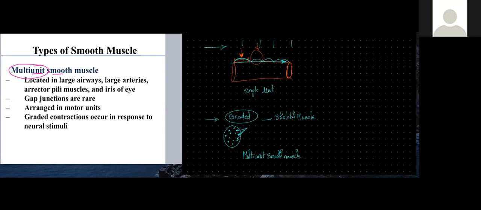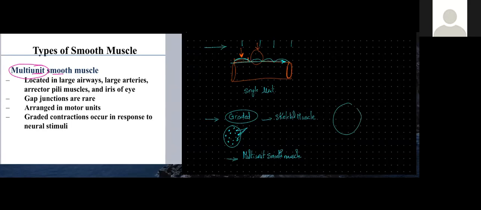It's not essential for me to contract every single smooth muscle cell within any specific organ. You're going to contract the number of muscle cells that will satisfy your need. Like what examples that we've discussed last time?